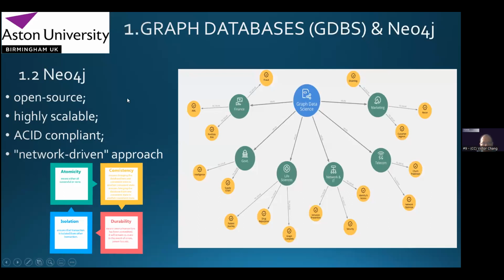For instance, it's open source, highly scalable, and it allows all the good features for the software: atomicity, consistency, isolation, and durability. For further detail, you can find out through Google, due to the time constraint. Then with graph data science, it allows us to link different departments.